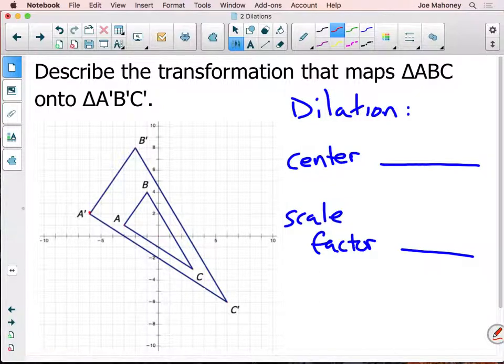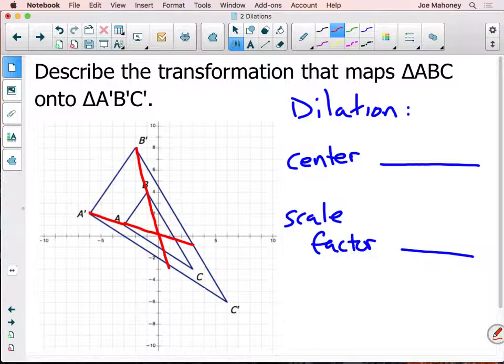So I'm going to go from A prime. It looks like I go right 3, down 1 to A. Let me keep going, right 3, down 1, right 3, down 1. The center of dilation is going to lie on that red segment. Let's do the same thing from B prime down to B. It looks like I'm going down 4 over 1, down 4 over 1. It looks like I'm hitting right at the origin.